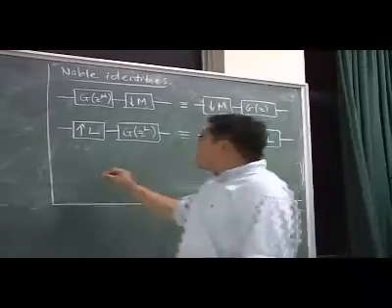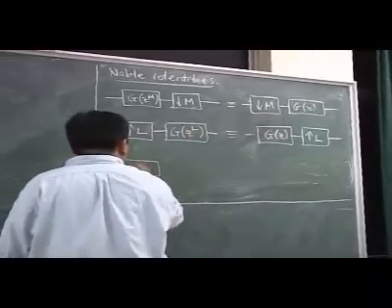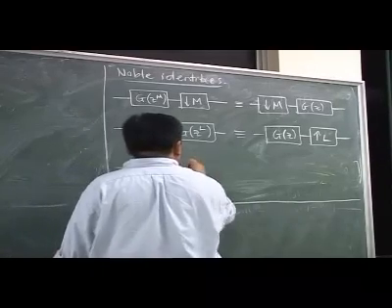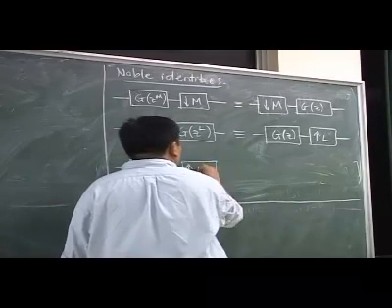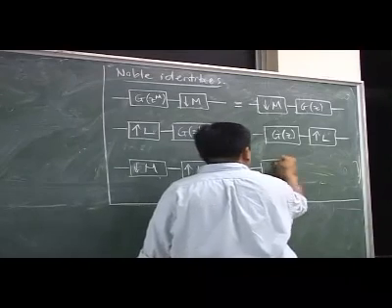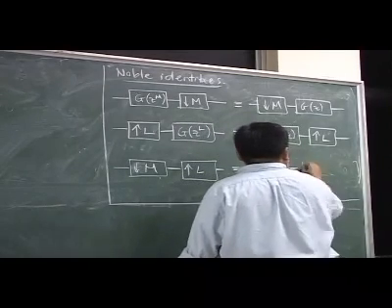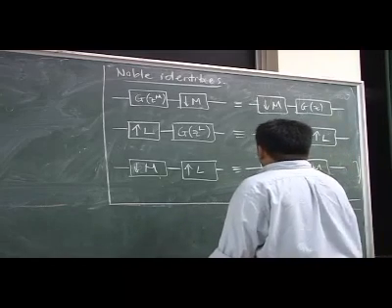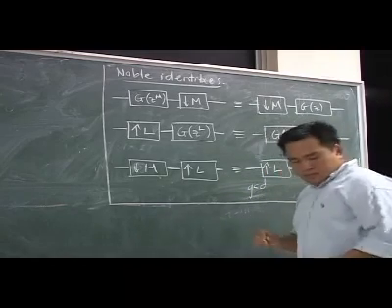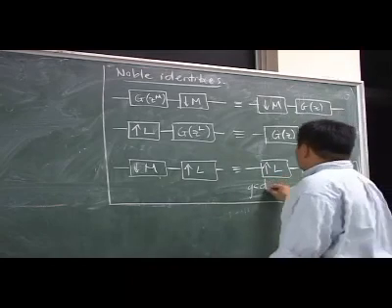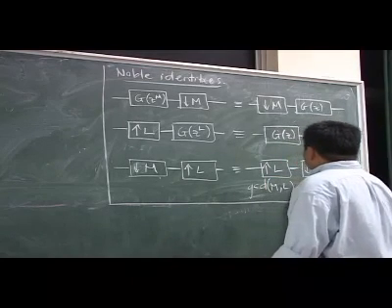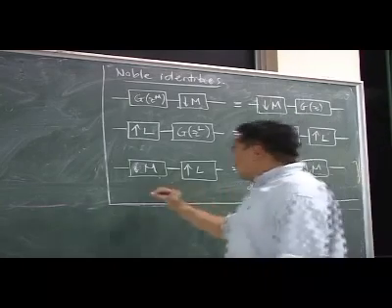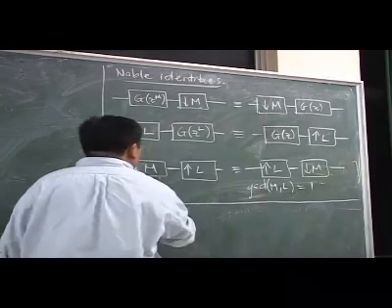The third one is a cascade of M downsampling and L upsampling, equivalent to upsampling then downsampling, when the greatest common divisor is 1. In other words, M and L are relatively prime.